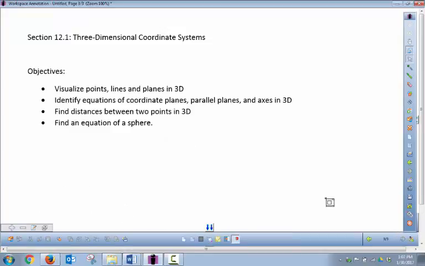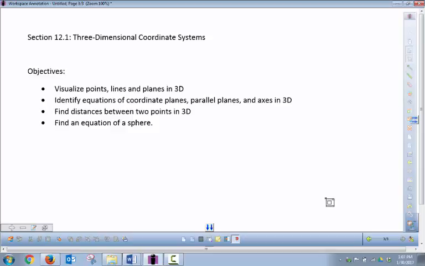So what we want to do for this section is try to visualize 3 dimensions, and the way to get it down on paper is 2 dimensions. We can see in 3D, but we want to transfer what we see in 3D down to 2 dimensions on our paper.